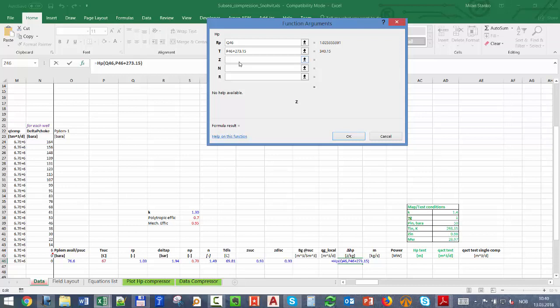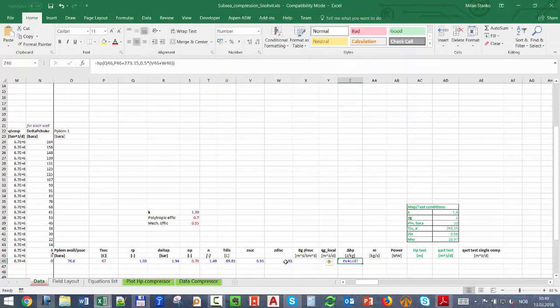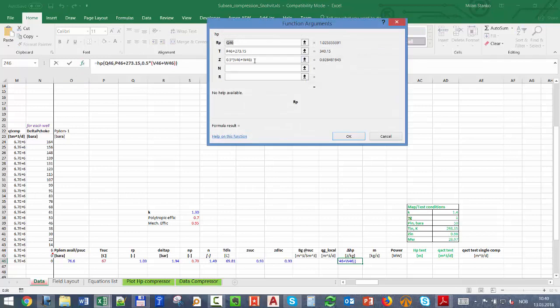So that will be 0.5 times this one plus this one. Wait, sorry. The polytropic n is not the number of stages. Okay, it's the polytropic exponent. R.